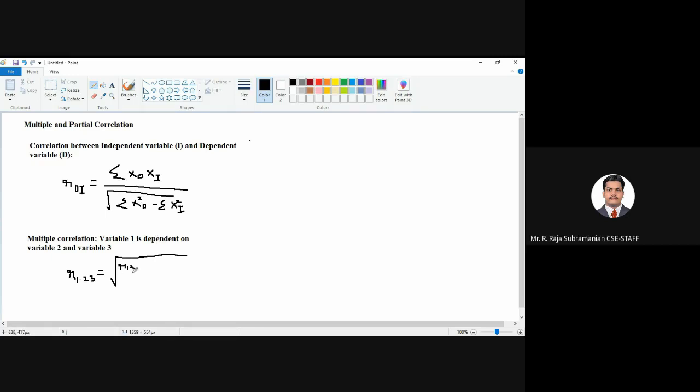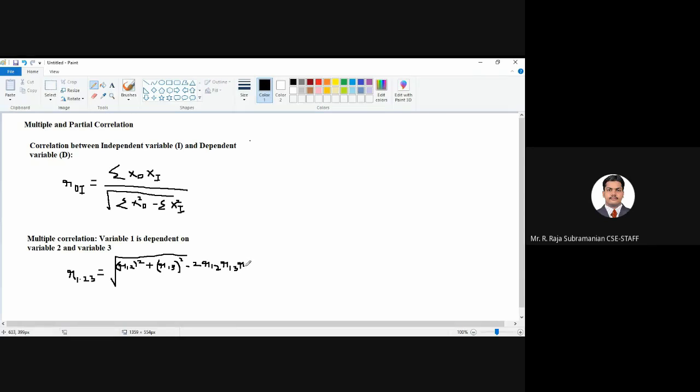First we have to calculate R12, and I make it square, R12 square plus R13 square minus 2 into R12, R13, R23.